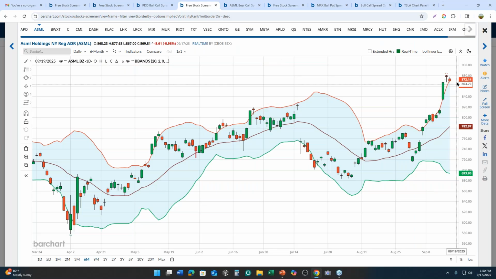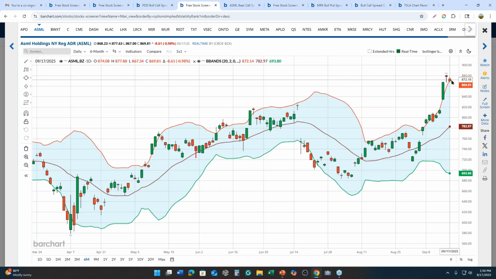So again, let's look at this from where current price is. We're right around 870. Our most recent high is 880. And our bandwidth here from mean to outer band looks like about $85, $90, a little bit, $80.